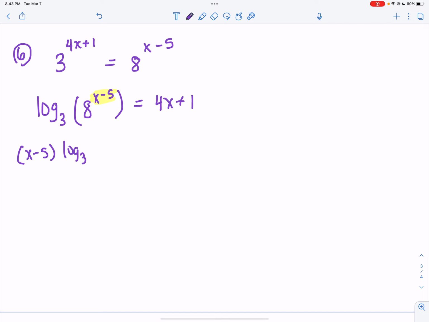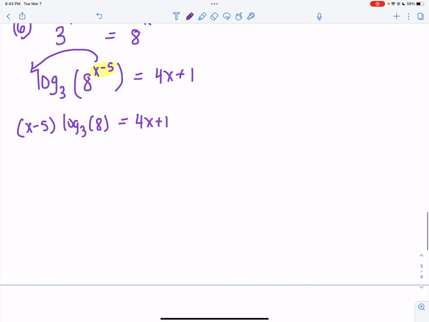So that is a valid property, me just moving the x minus 5 to the front. Now I have x minus 5 times log base 3 of 8. Can't really simplify log base 3 of 8, so I'm just going to leave it like that. And then I have 4x plus 1.